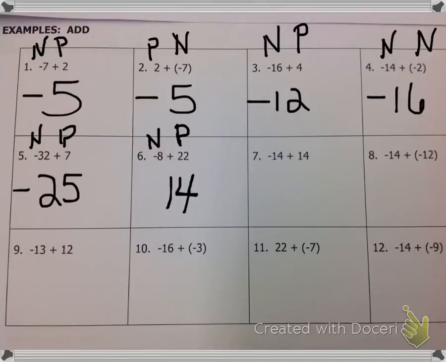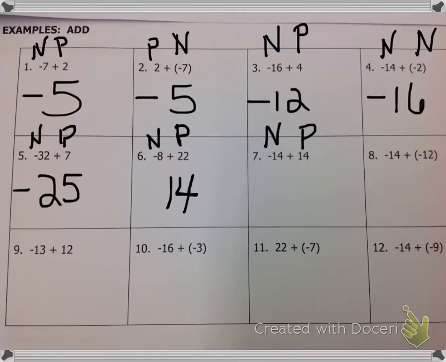Okay, let's take a look at number 7. We have -14 plus 14. Okay, first of all, I could mark that. My -14, that's a negative, and then plus 14, that's a positive. Basically, what that is, -14, the additive inverse, or the opposite, is 14. So what happens when you have the sum of an integer and its additive inverse, or opposite?